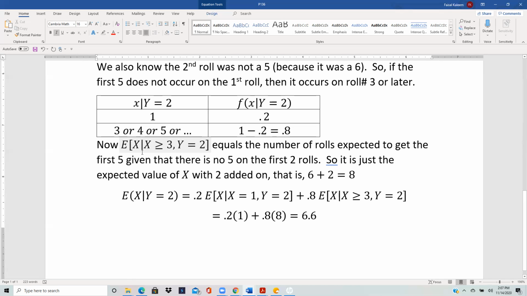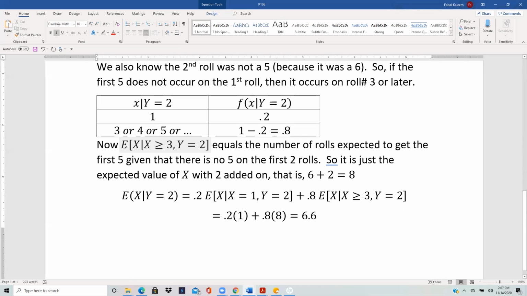But when we are saying that we know the first 2 rolls, because this is what this is saying, if x is greater than or equal to 3, it is saying that there is no 5 on the first 2 rolls.